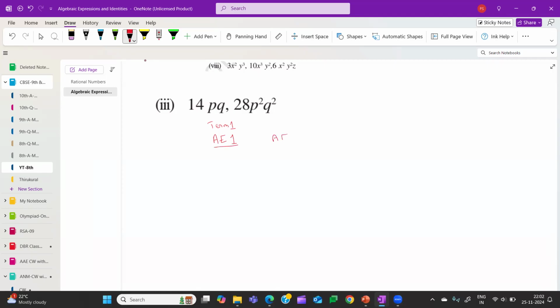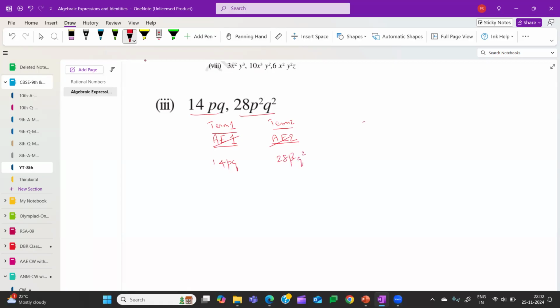And AE2, because we have two terms, term 2. Actually, we will just mark it as term 1 and term 2. So term 1 is 14pq, and term 2 is 28p square q square.